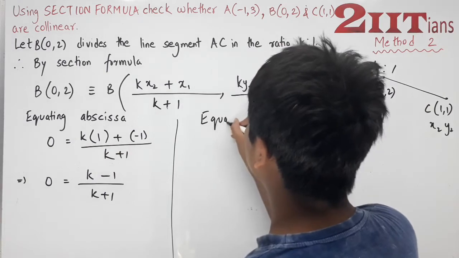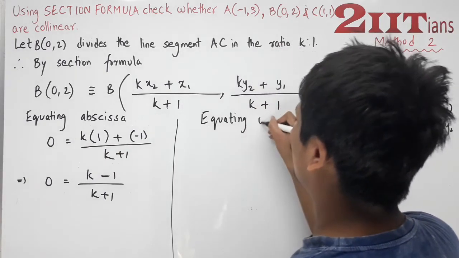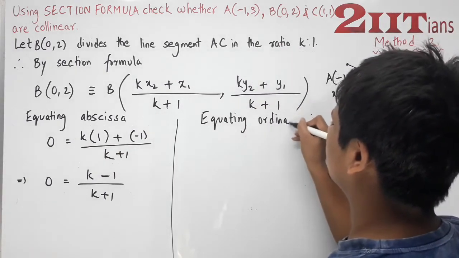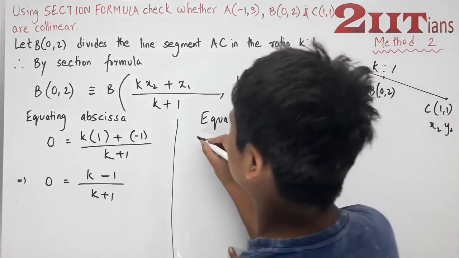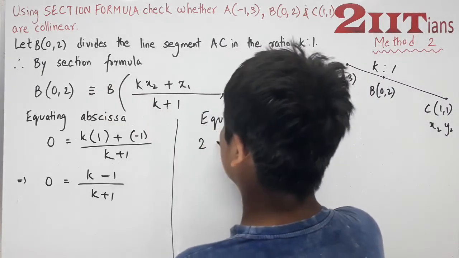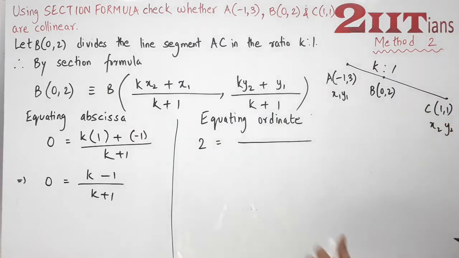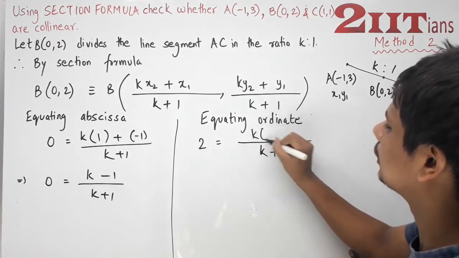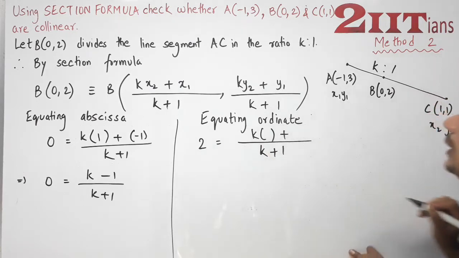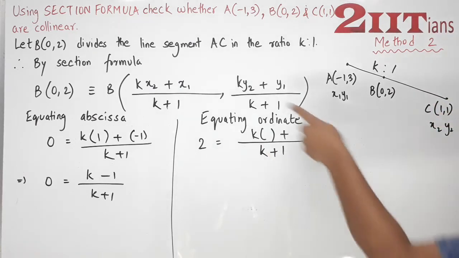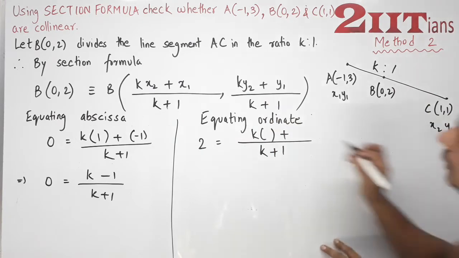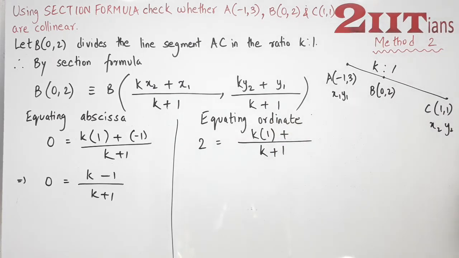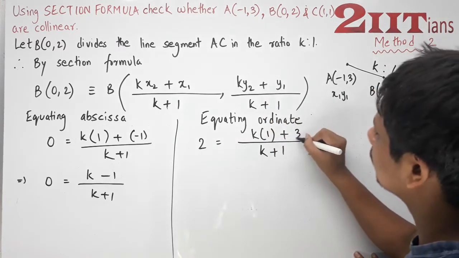Equating ordinate. So here 2 is equal to, we can write K plus 1 here, we can write K bracket and whatever is y1. Okay, so y2 is 1 and y1 is 3.